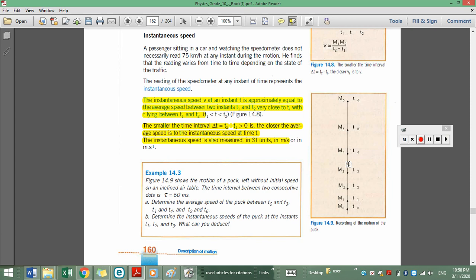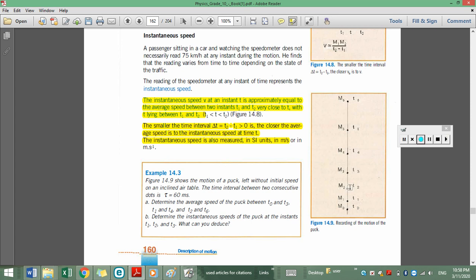Now what about part B, determining the instantaneous speeds of the puck at instants T1, T2 and T3, and what can you deduce? T1, how can I measure the instantaneous speed at T1? I have to choose a time interval. What are the closest instants before and after T1?